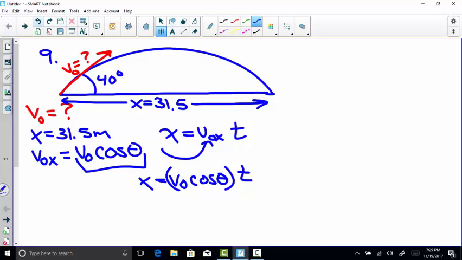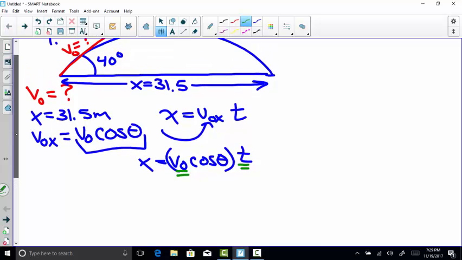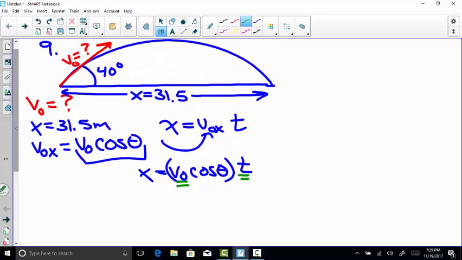Our only problem is we still have two unknowns in this equation. I don't know what the initial velocity is, and I have no idea how long it's in the air. So at this point, I have no way to solve this problem. So what we're going to do is look in the y direction and ask what I have there that might help me.